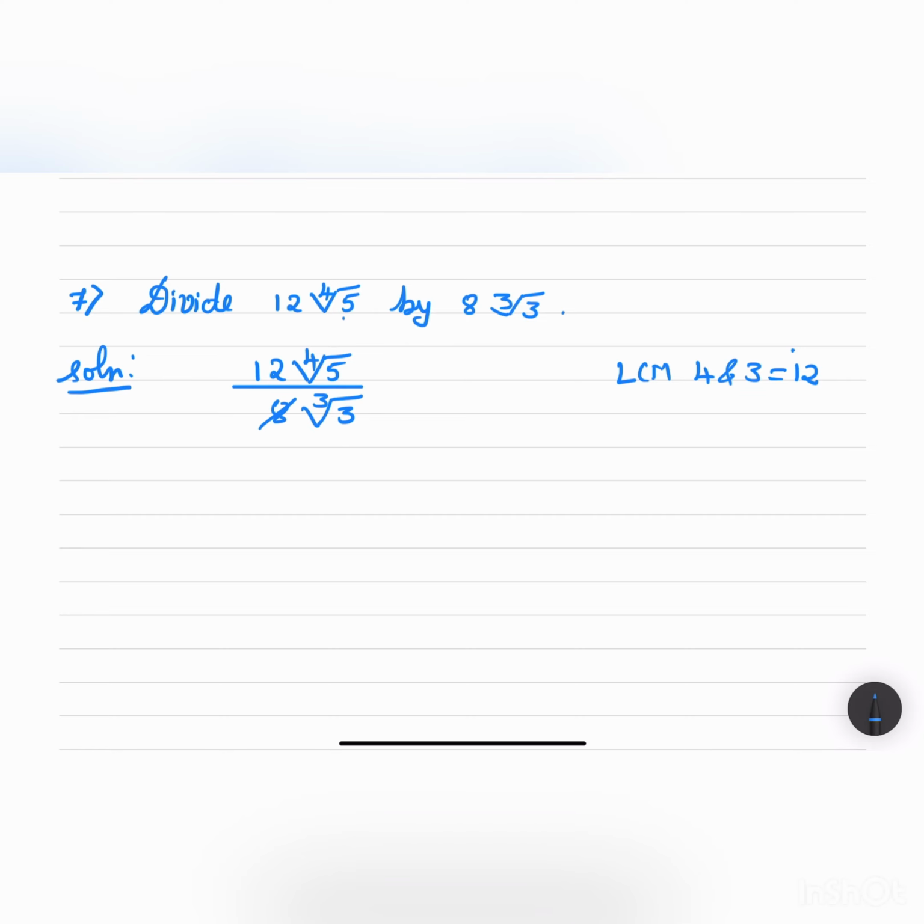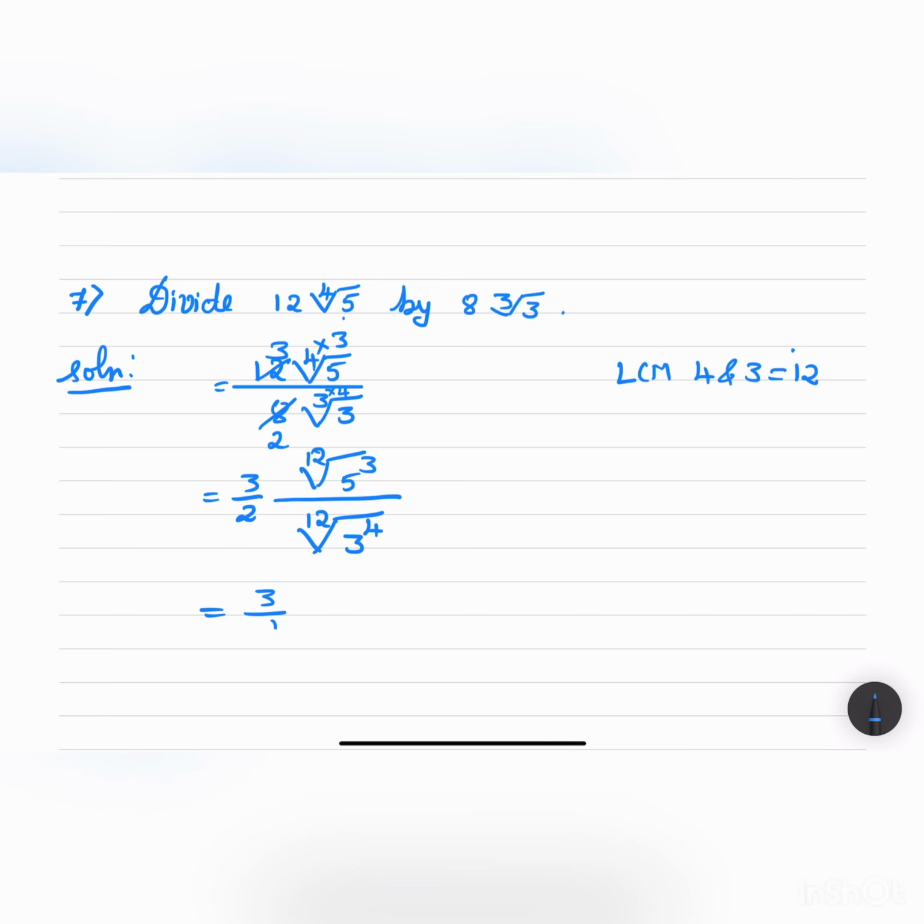The 12 and 8 can be cancelled, giving 3 by 2, and we keep it separate. For the 4th root, we multiply by 3 to get the 12th root, so 5 to the power 3. For the cube root of 3, we multiply by 4, since 3 4s are 12, so 3 power 4.